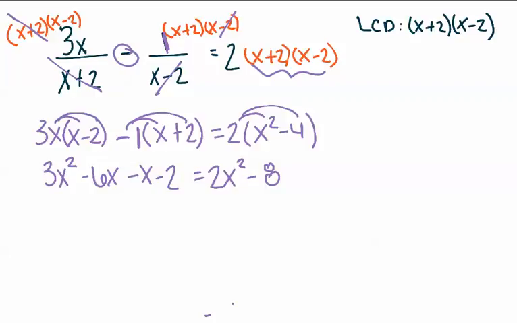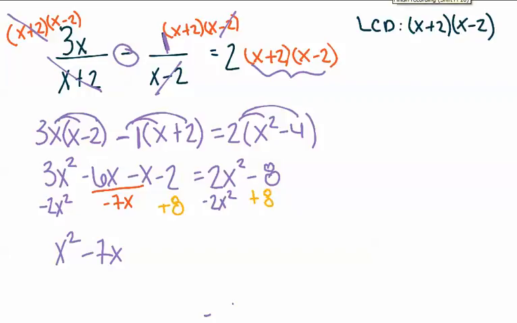So go ahead and get this set equal to 0. So we'll subtract that 2x squared, and that will leave us with just 1x squared. We can combine these like terms here to be a negative 7x. And then adding 8 to each side will give us plus 6.